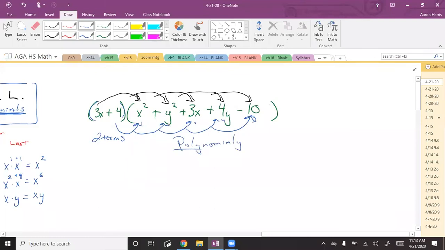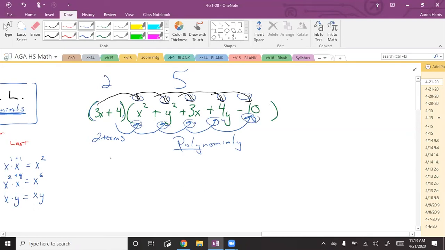I have to take each of these 2 terms and multiply it into the 5 other terms, correct? So how many arrows do you have? 10. There you go. So you're going to have 10 equations.